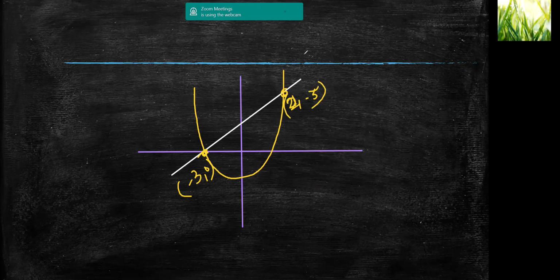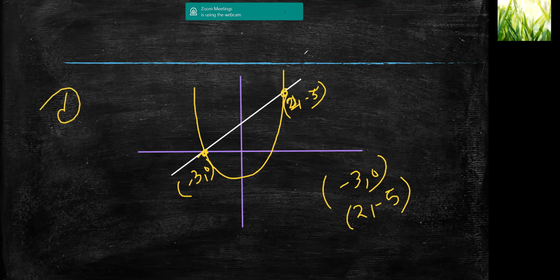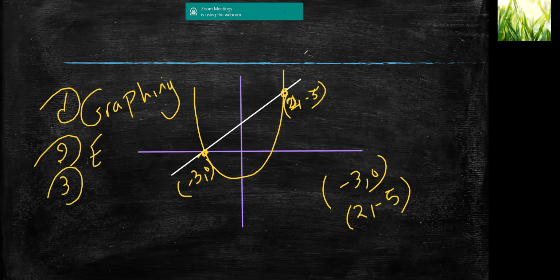So you tell me that we have two solutions. Okay, I will bring it graphed for you, and you have to tell me the solution of the system of equations. So the first way is graphing, the second way is elimination, and the third way is substitution.